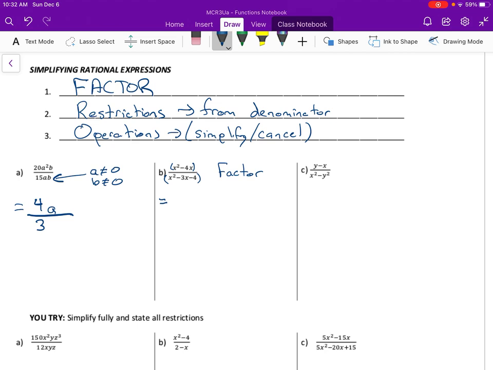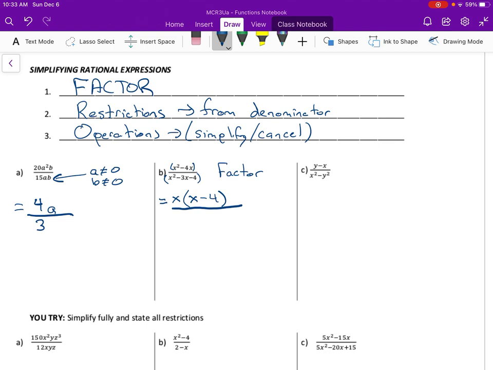Anytime you're factoring, the first thing you should do is look for a common factor. So what's common to x squared and 4x? The answer would be x. So I take x out, so I end up with x left minus 4. So again, it's like I divided both terms by x. So that's factored into the numerator, and then I factor the denominator.